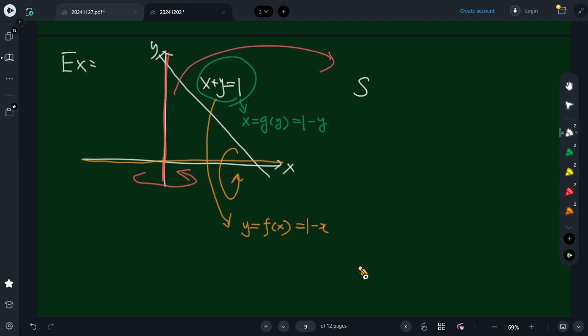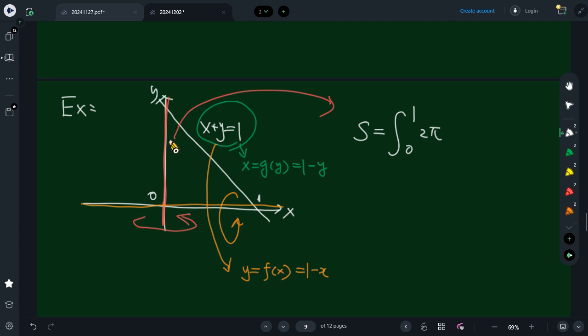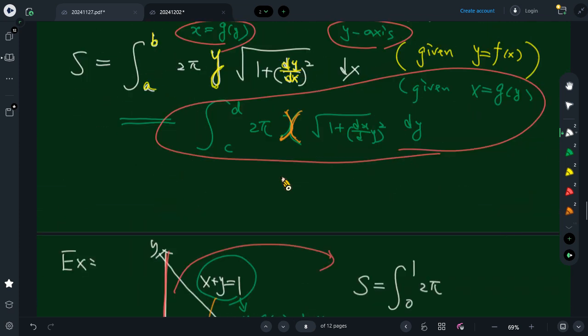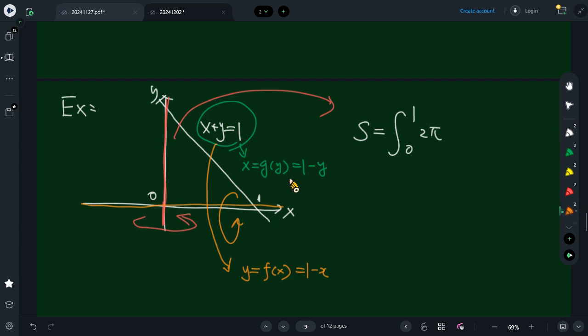So the surface area will be the integral from 0 to 1 of 2 pi x times the square root of 1 plus (dx over dy) squared, then dy.